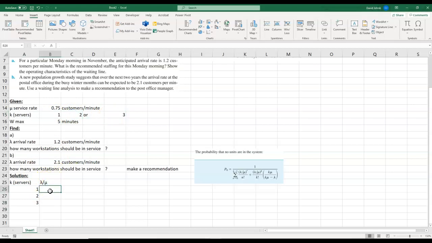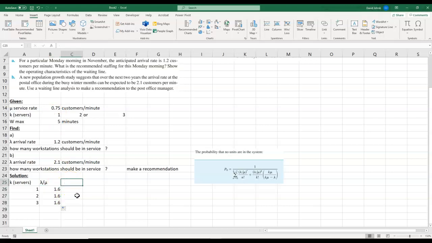And we want to do lambda divided by mu for each one of these. So that's going to be equal to this arrival rate. I'm going to hit F4 because when I copy it down, I want it to still point to that. Divided by mu, F4. So that way if I change these numbers, then this is going to change also.